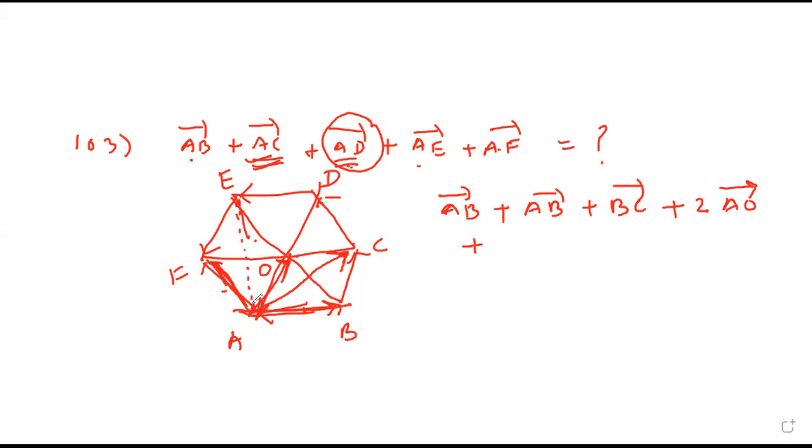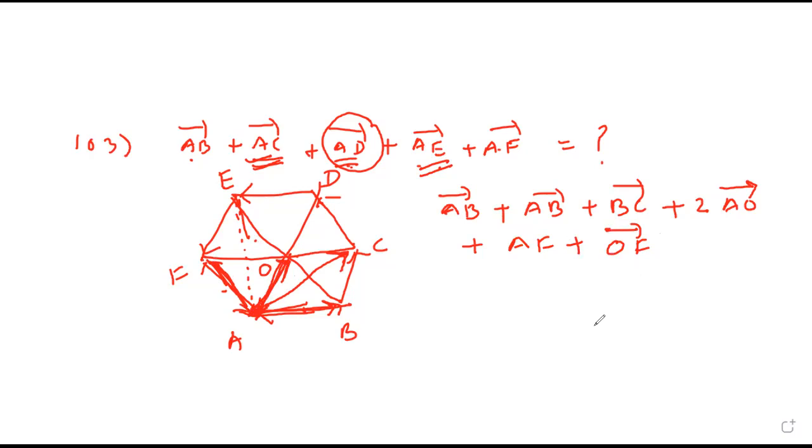So the diagonal from the same starting point is the sum of adjacent sides. Therefore AO and AF I wrote. Is this much clear? AE plus OF.